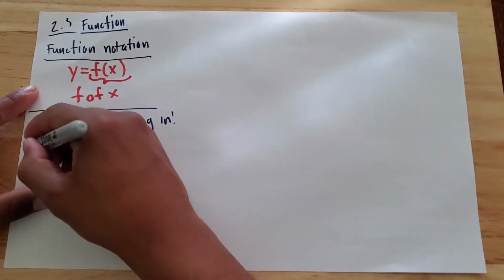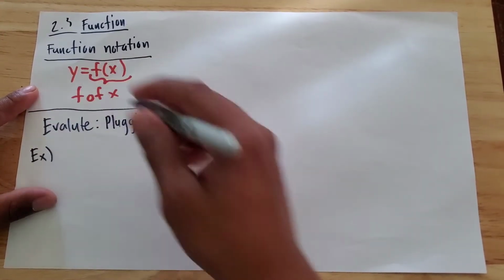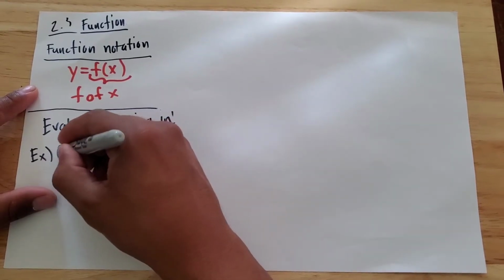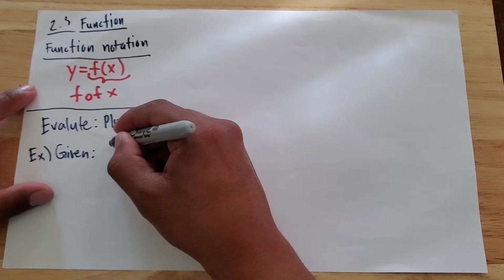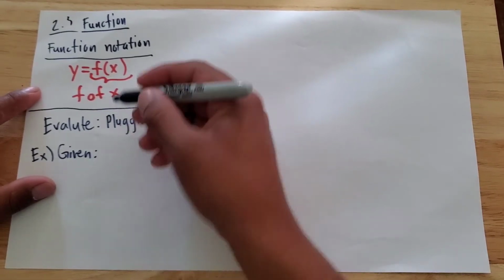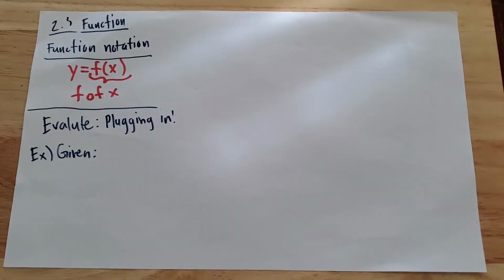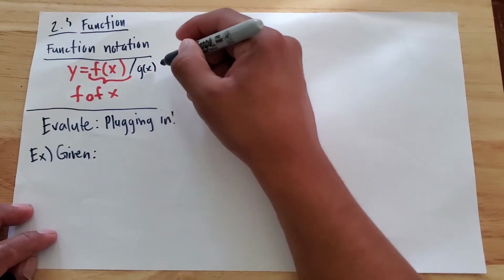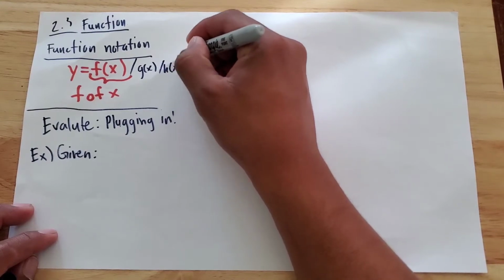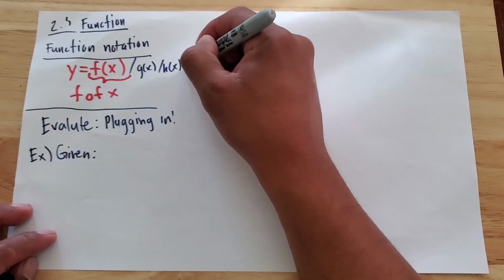So, for example, given the function f of x, or, something to note is that it could either be f of x, it might be g of x, it might be h of x, and so on and so forth.